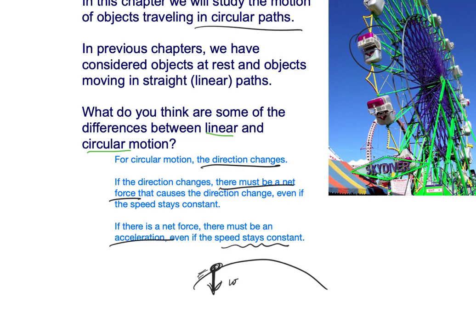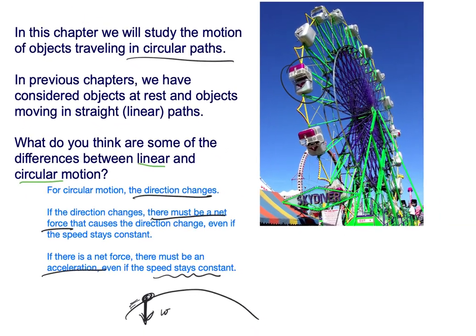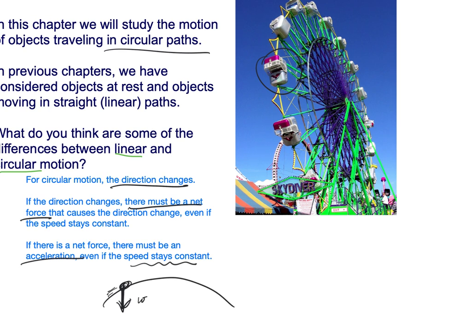For objects going in circular motion, it's not necessarily the weight. It can be tension, the tension in the bar right here that's holding the car on the Ferris wheel, keeping that cab connected in the circular path that is moving.